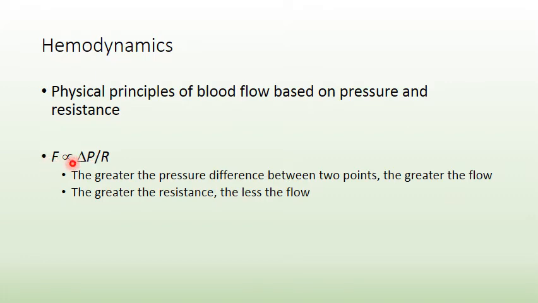So if pressure is large, then we're going to get really large amounts of flow. If our resistance variable is large, so if we make this denominator big, that's going to reduce flow. Okay, so let's take a look at this idea of pressure and resistance independently, and then we can come back and couple them together to look at this concept again.